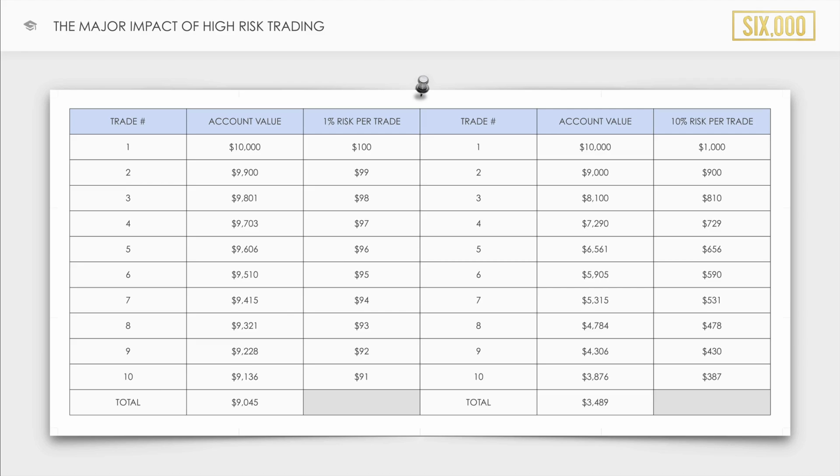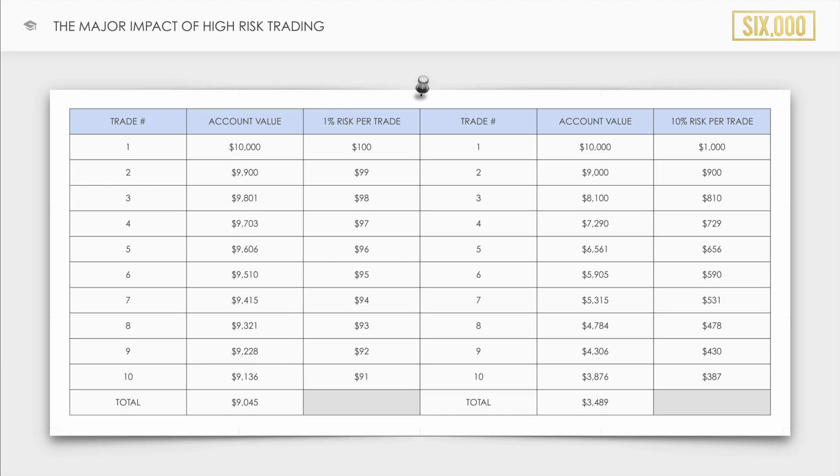And this is why we never risk 10% per trade. You can see how quickly you can lose your capital. Now, these figures apply whether you had $1 million in your trading account, $100,000, or $1,000. The loss will still be the same.